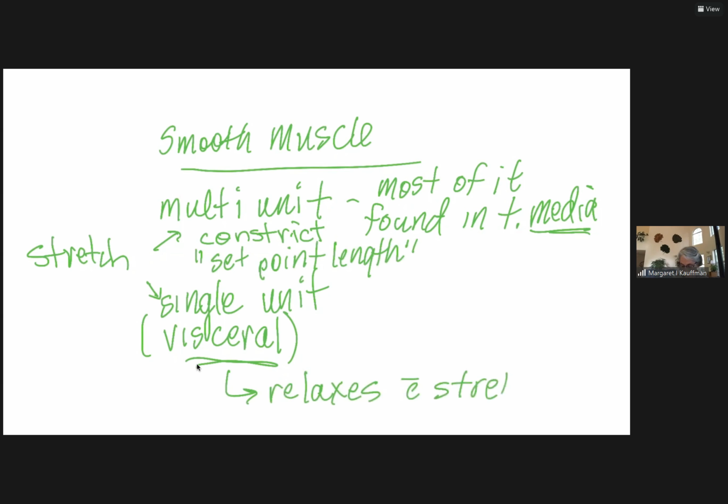And again, I don't know the actual mechanism, but it does not require any kind of action potential, any neural input. It's just an automatic way in which these respond to the stretch of the length of the particular smooth muscle fiber.